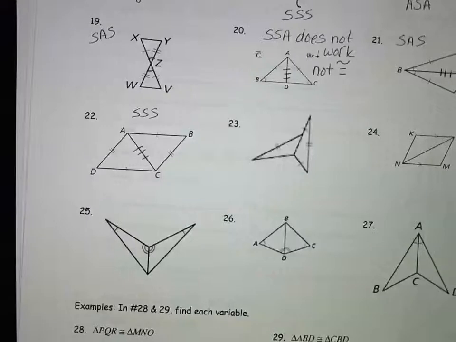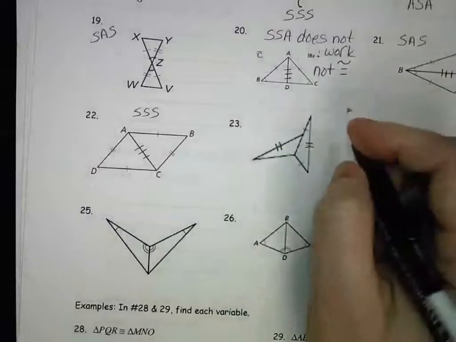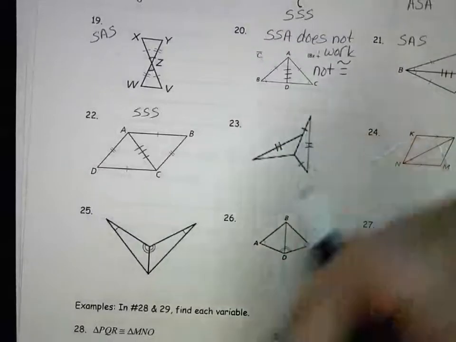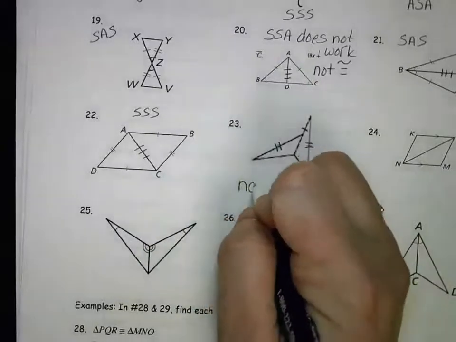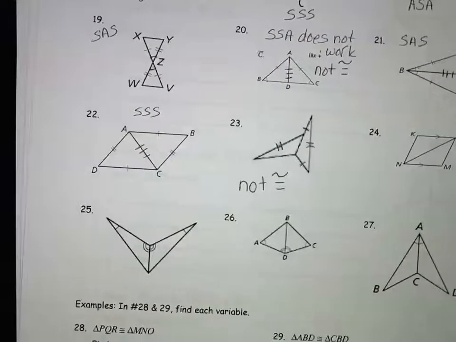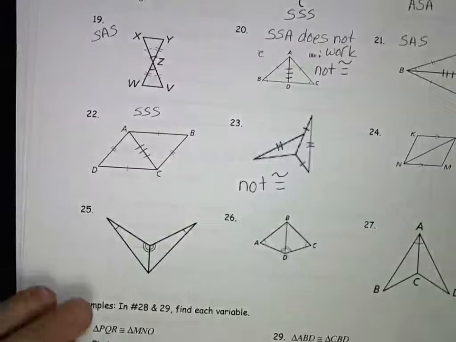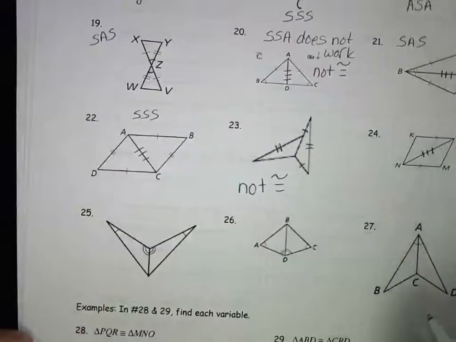Now 23, we have this piece congruent to this piece, that piece congruent to that piece. So all you have is two sides that are equal. So there's not enough information there to prove that those are congruent. 24, you could say that LN is congruent to itself.